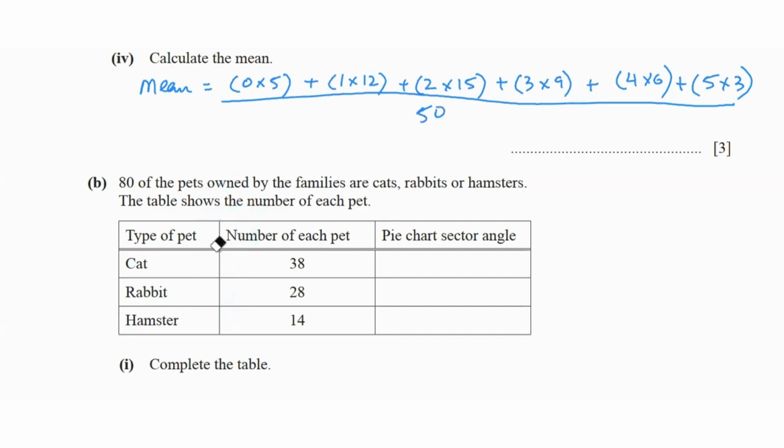Basically, the number of pets are your x and the number of families is your f. So sigma fx over sigma f is your formula for mean. And sigma fx basically shows the product of frequency and the x value being added to each other. That's why it's sigma. Sigma means sum. So once you solve this, what you should get is 2.16. That is your mean value.